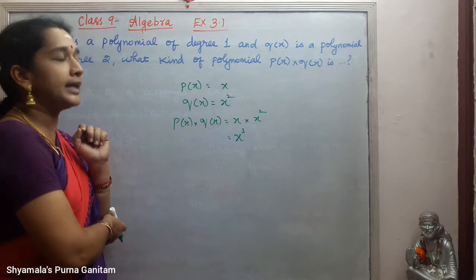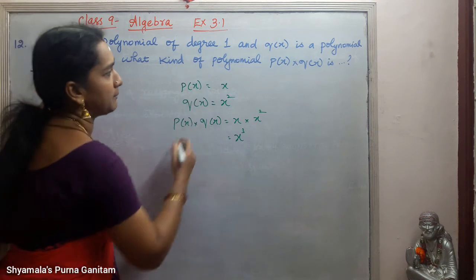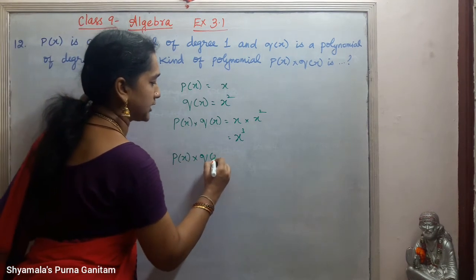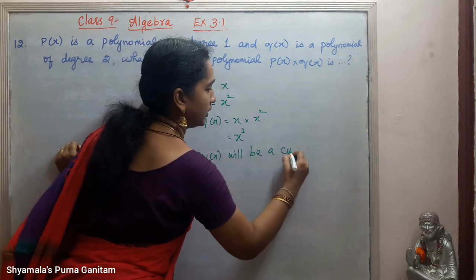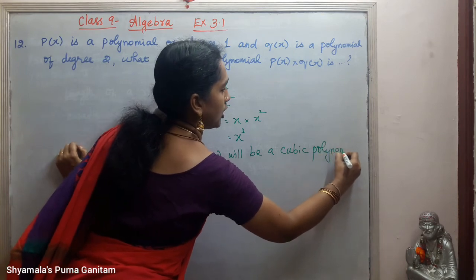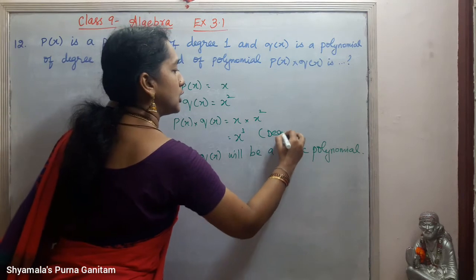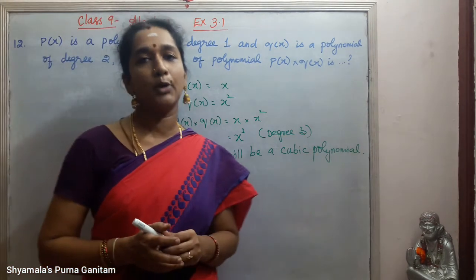The degree of that polynomial is 3. So p of x into q of x will be a cubic polynomial, that means of degree 3. It is a cubic polynomial.